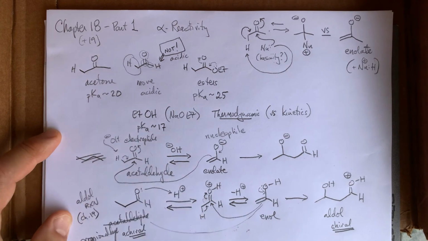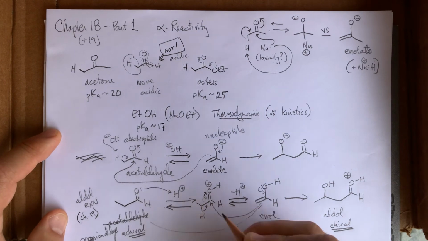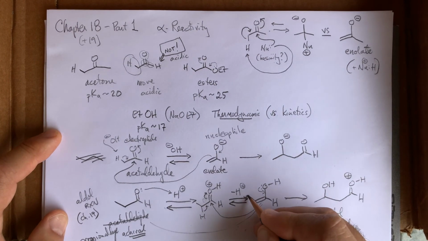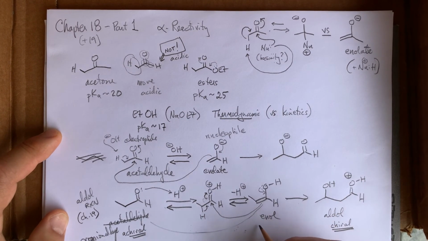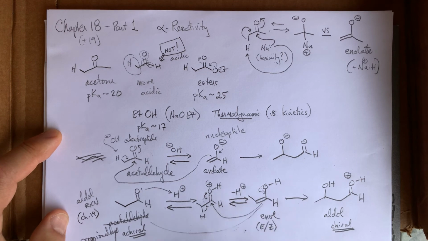All right, one more carbon. Simple, right? We have a carbon here, and we have a carbon here. And now we should imagine I've just drawn the Z isomer of the enol.